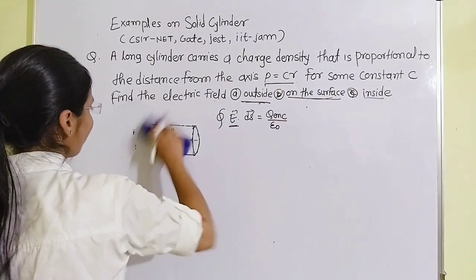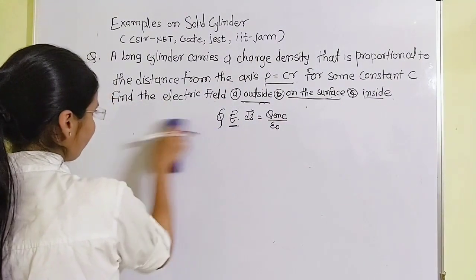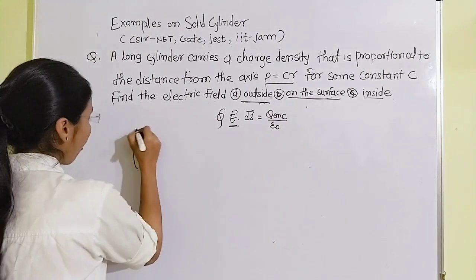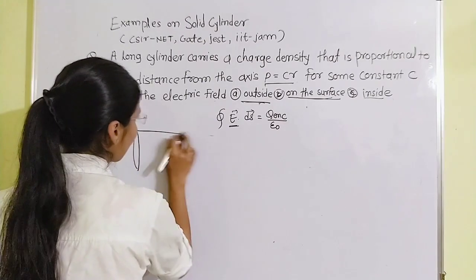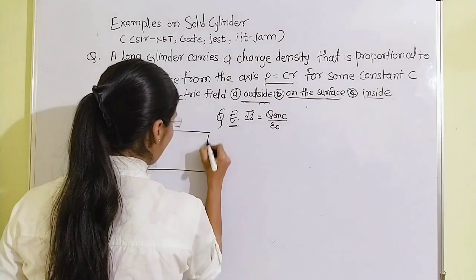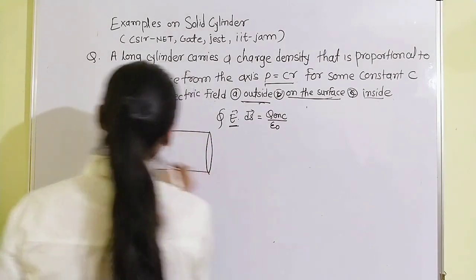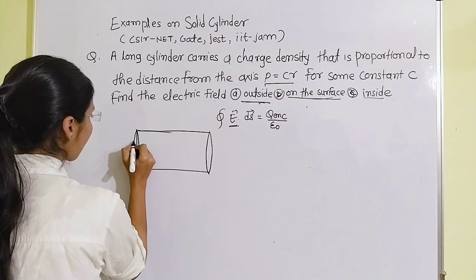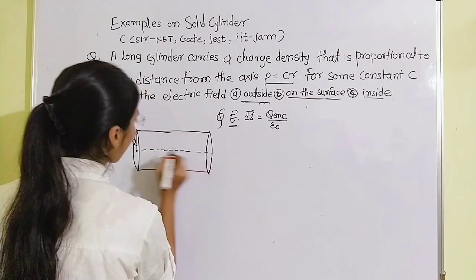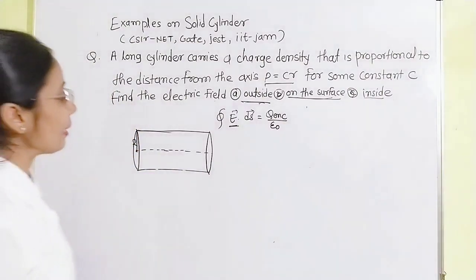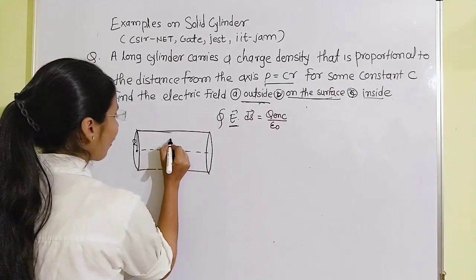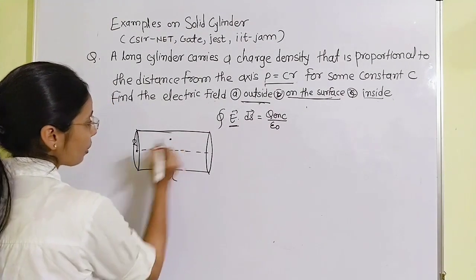So here the third case is inside. Here we have a solid cylinder of radius capital R. We have to find the electric field inside this cylinder, at this position.